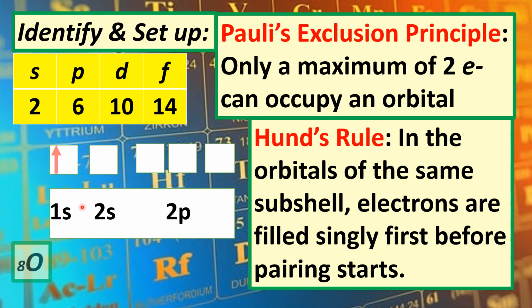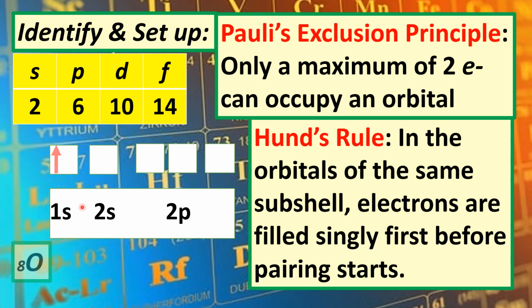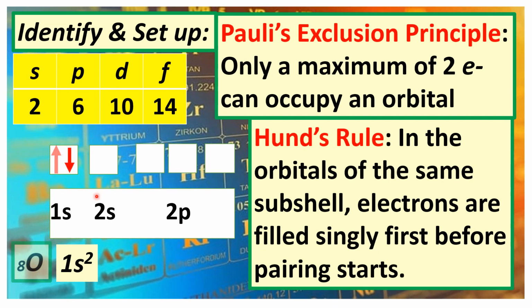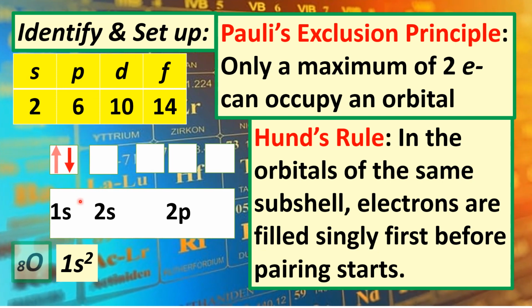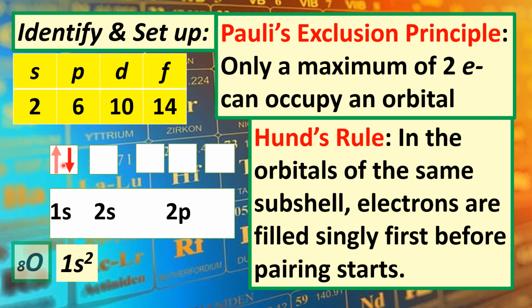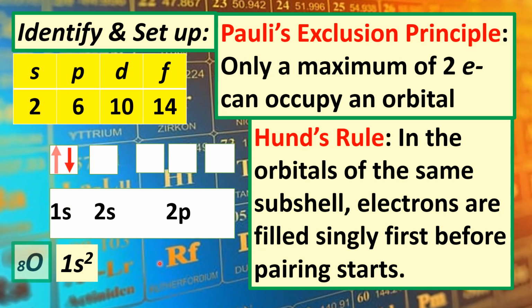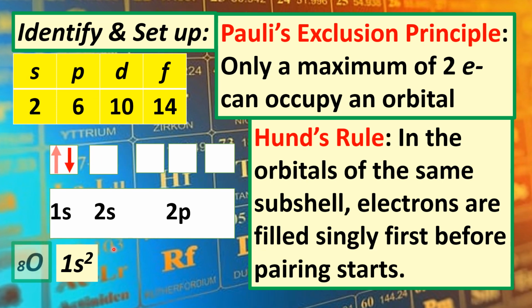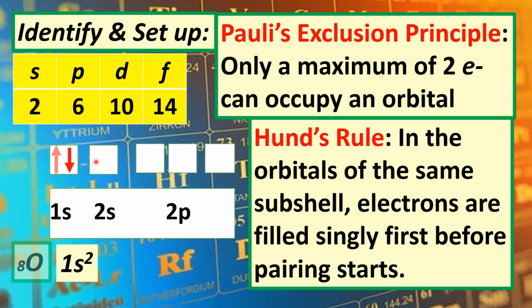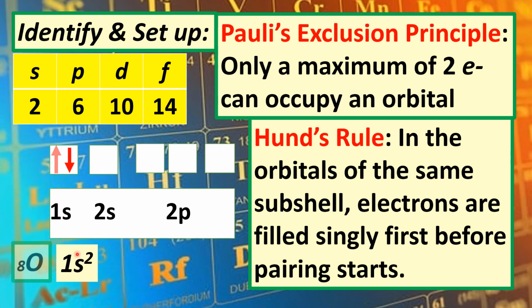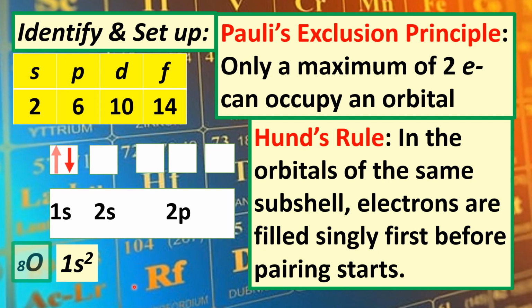And the second electron will still go to the 1s sublevel. So the first energy level is already complete with 2 electrons, 1s2.